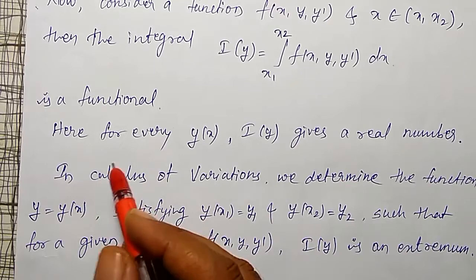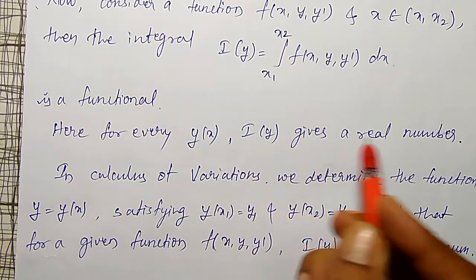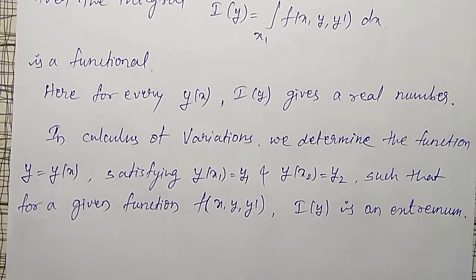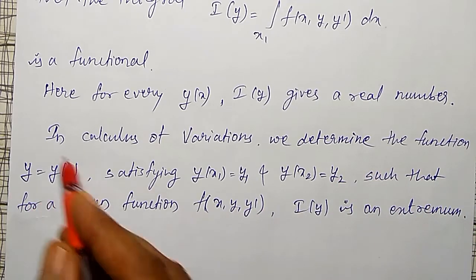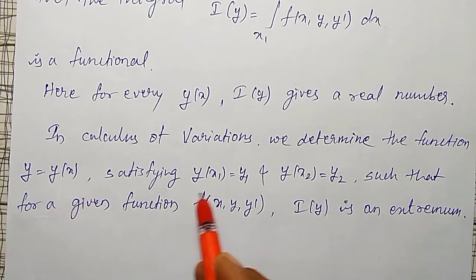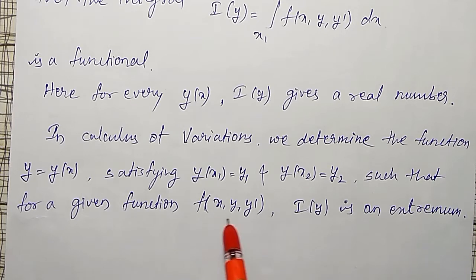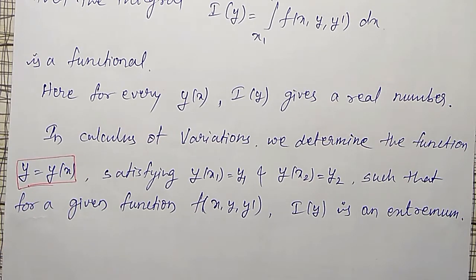Therefore, in calculus of variations we determine the function y, which satisfies y of x1 equal to y1 and y of x2 equal to y2, such that for a given function f of x, y, y dash, I of y is an extremum. That function y we calculate from the calculus of variations.